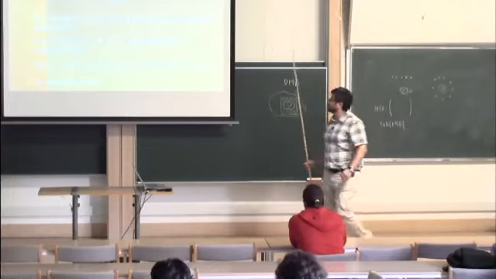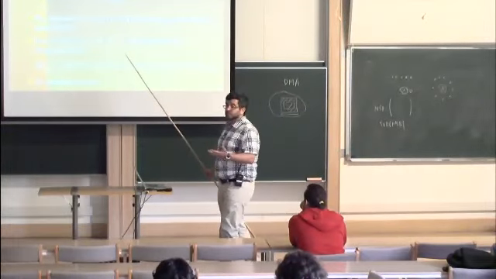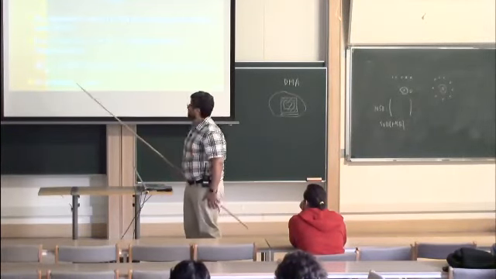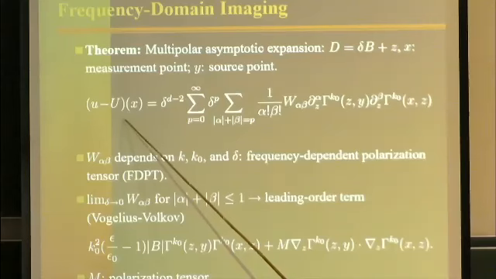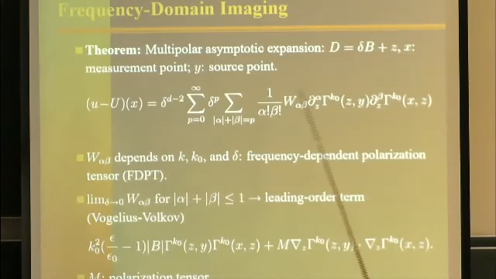Then you can write down a good optimal reconstruction algorithm. So this is the expansion. This is the effect of a small inclusion like this on the measurement. What you measure is just derivatives of the Green function. This point is z, this point is x, this point is y.